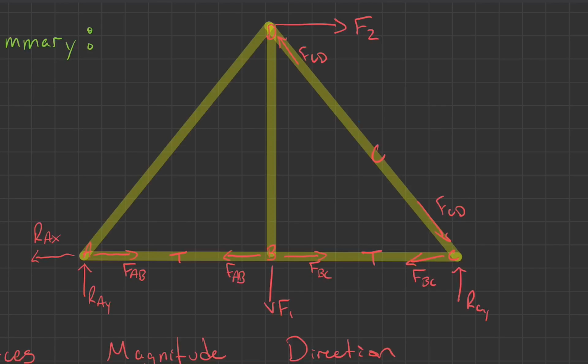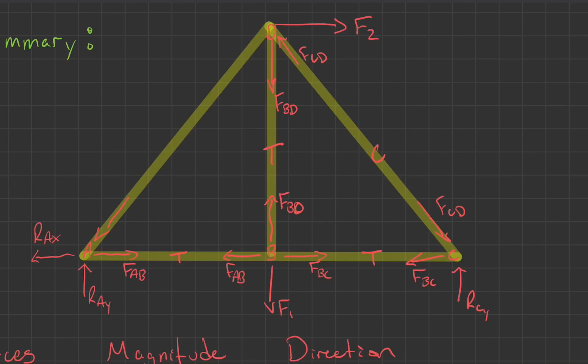Looks like we had force BD. So this member is in tension. So we got a force there, force BD. And we also had force AD going the other way.